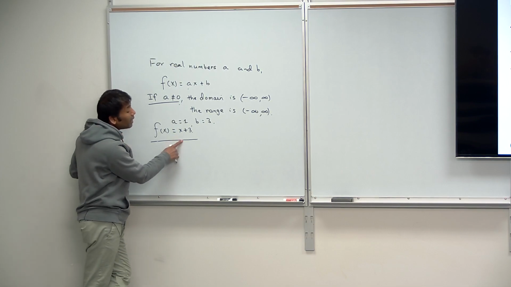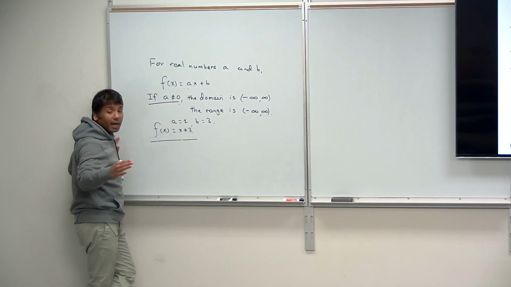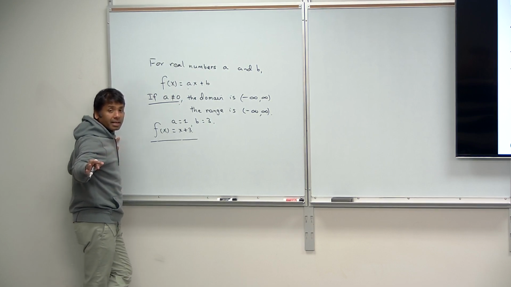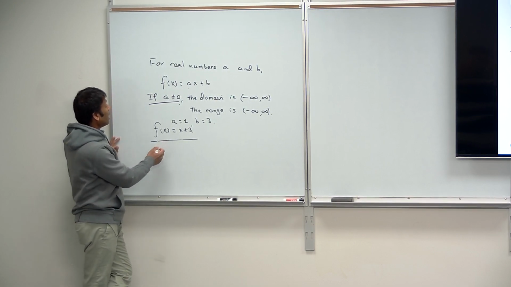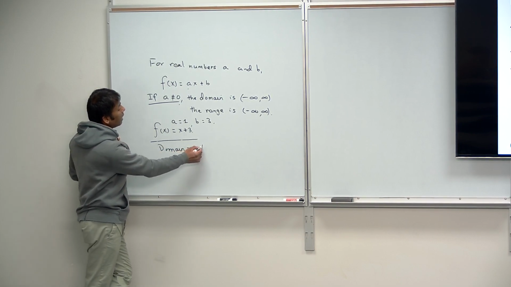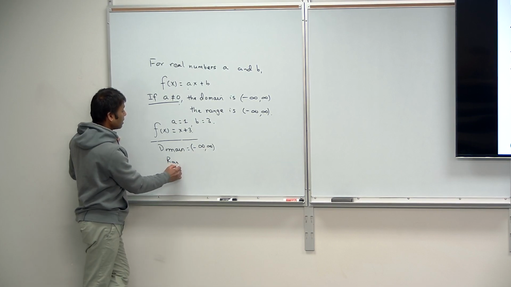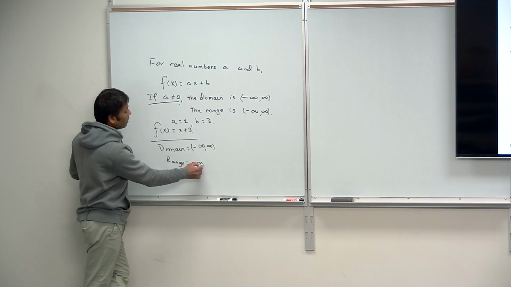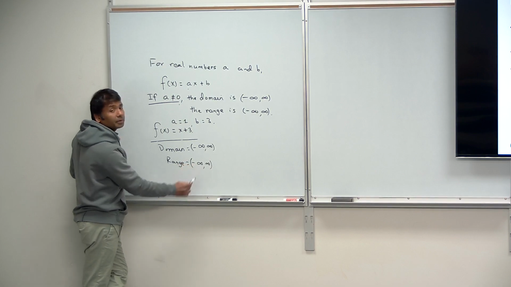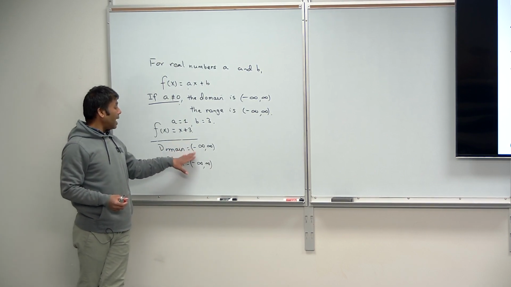And when you plug in any values of x, you may get any real numbers. Is that right? So that's why the domain for this function is negative infinity comma positive infinity, and range is also negative infinity comma positive infinity.